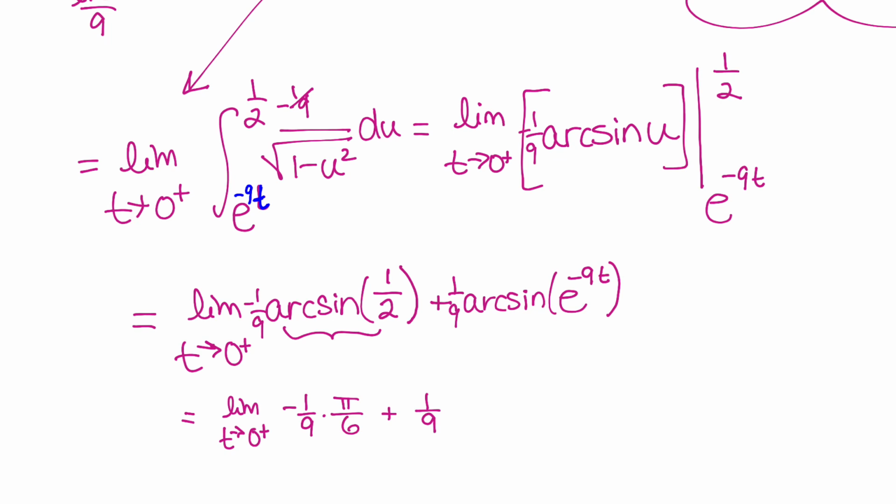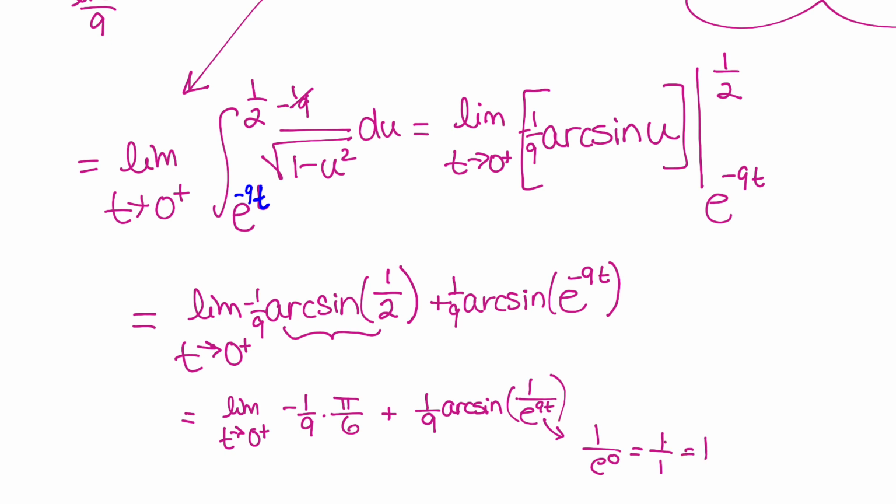As t goes to 0 from the positive side, I'm looking at what happens to 1 over e to the 9t. Well, as t goes to 0, that's 1 over e to the 0, which is just 1 over 1. So what I'm looking for here is the arc sine of 1, right?